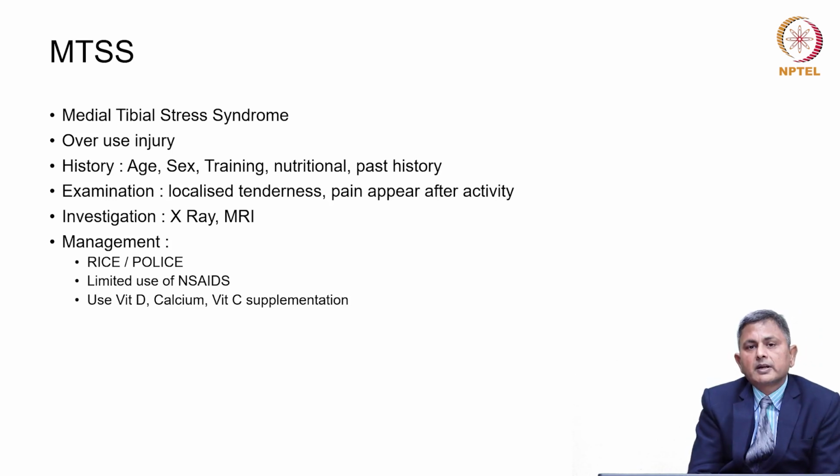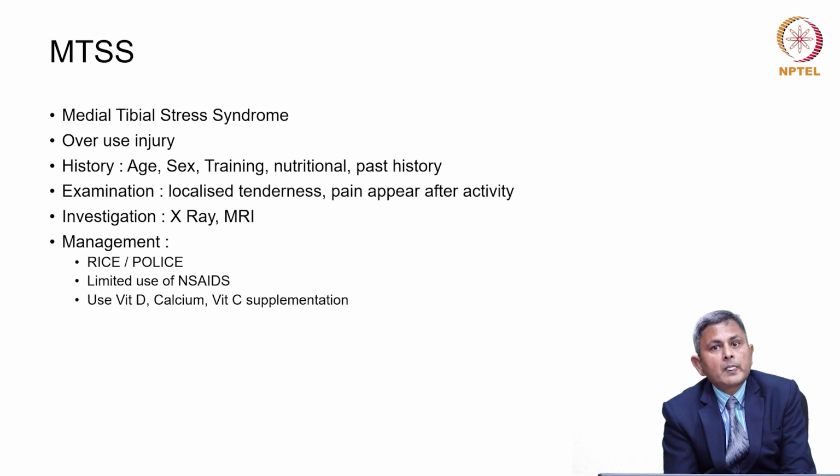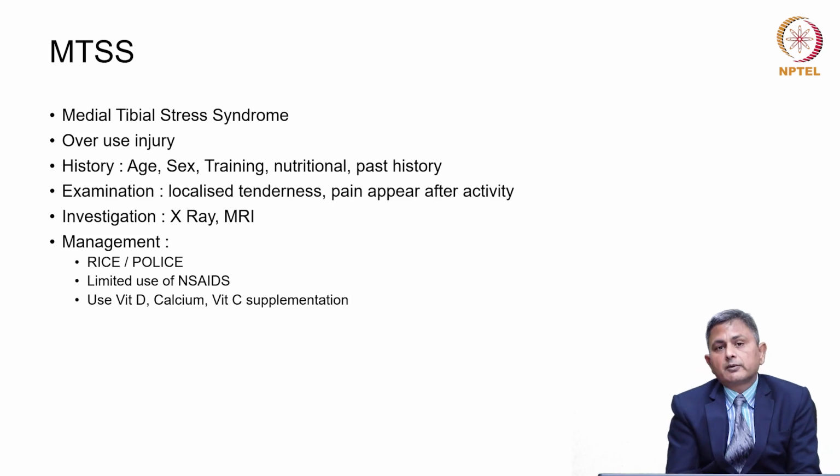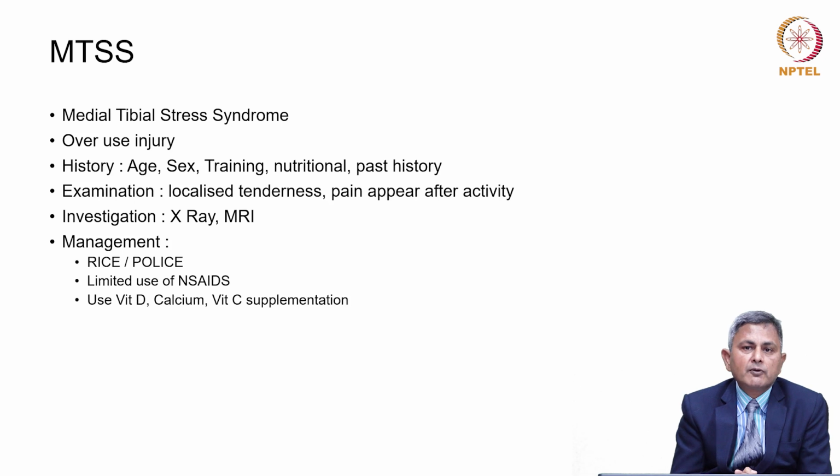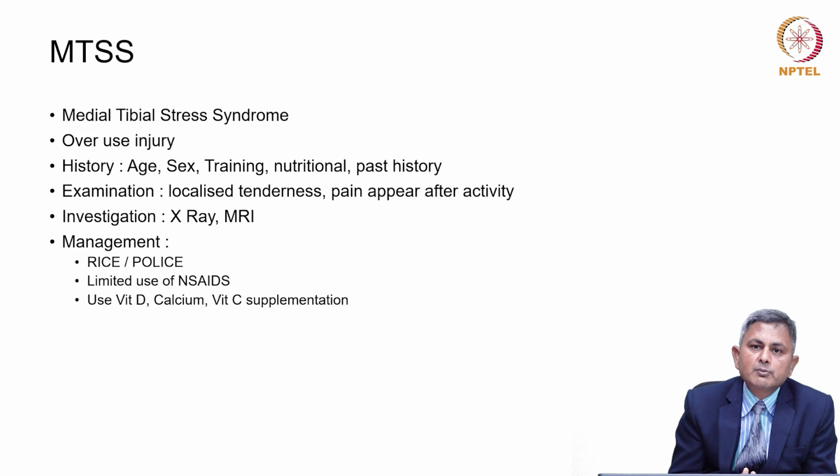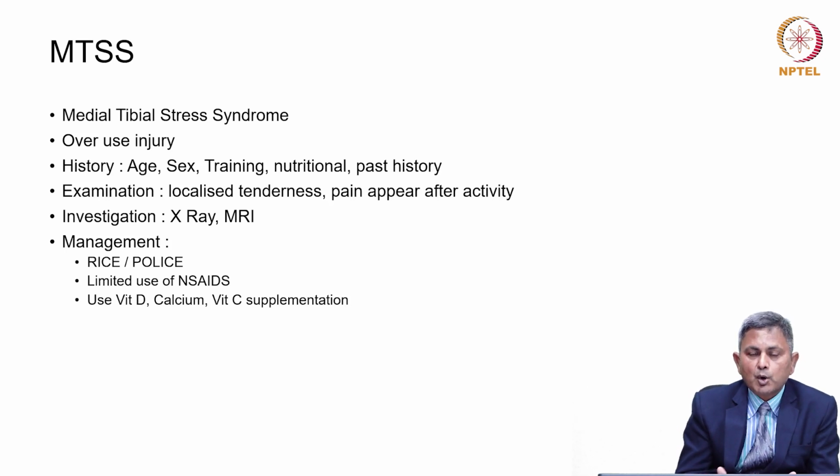This is more common in runners, those who do distance running, and all of a sudden increase their training load, or without proper guidance or conditioning of their body have started running, or have some sort of malalignment of their lower limb. So the medial side of the tibia got excessively loaded, and this injury occurred.